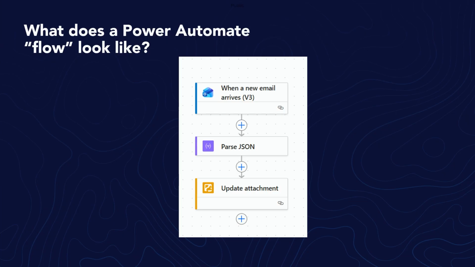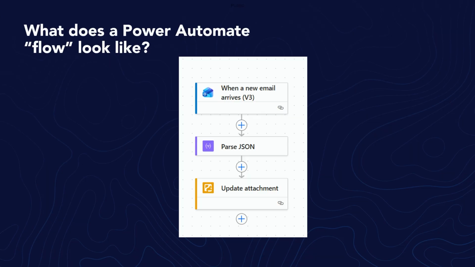And because we're dealing with attachments in this example, the email must have an attachment attached if we want to run the flow. We then parse the JSON. I'm going to talk about that in a little bit. But essentially what that allows us to do is pull that attachment from the email. And then the final step is using the ArcGIS connector to upload that attachment directly to a feature layer.